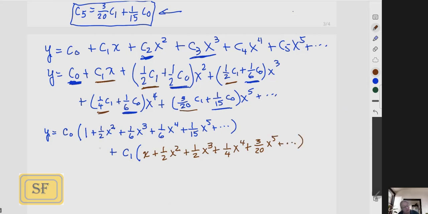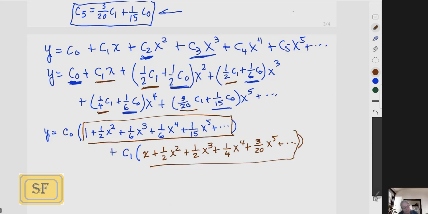So my two linearly independent solutions are these solutions that are inside the parentheses. That's my y1 and my y2, or you might want to call them y0 and y1 to match up with the coefficients.